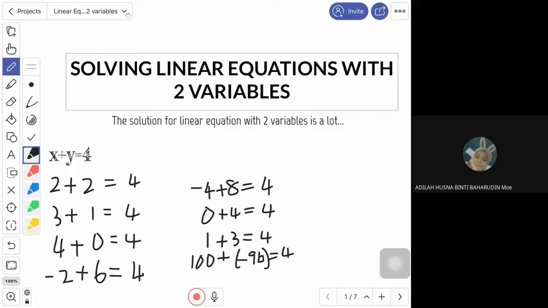Okay, so there are a lot of solutions for x and y. Now usually for two variables, we can put values of x on this side, and then values of y here.